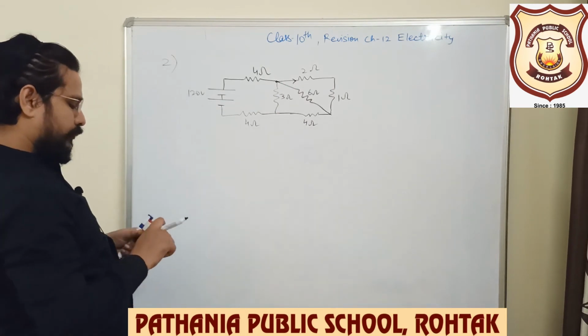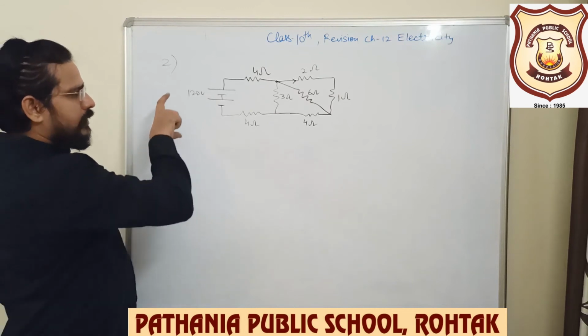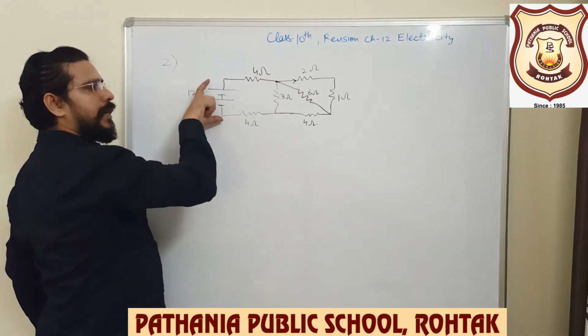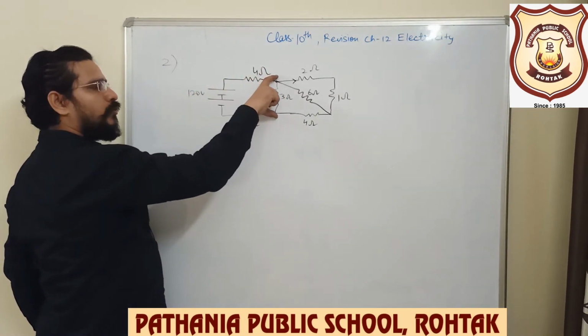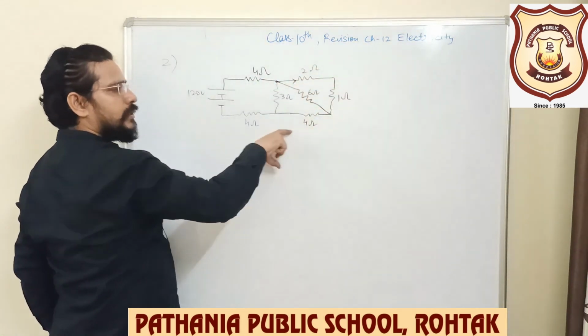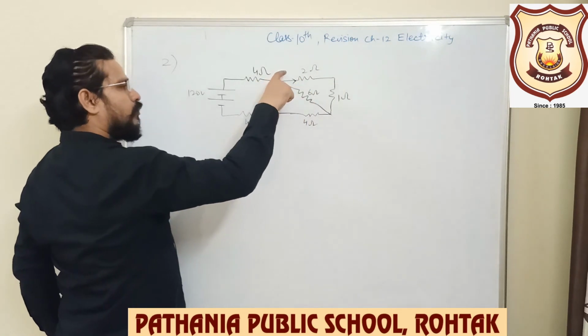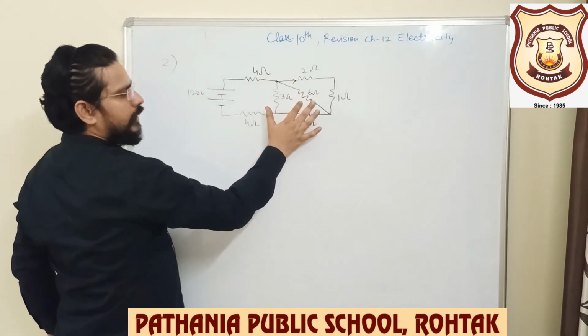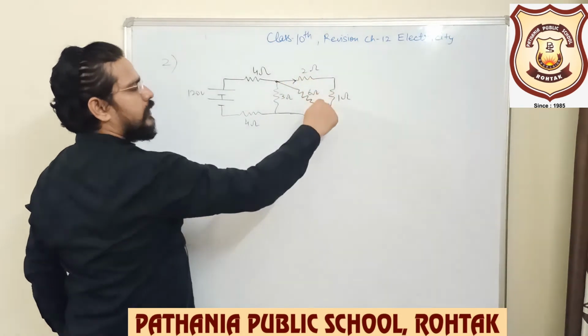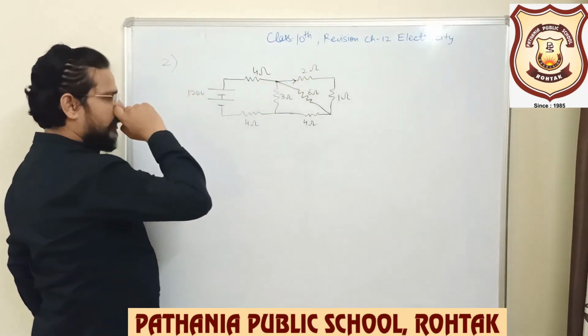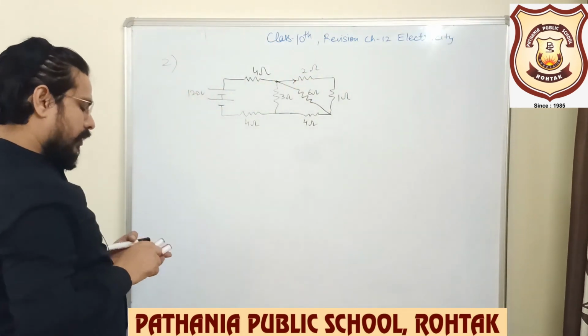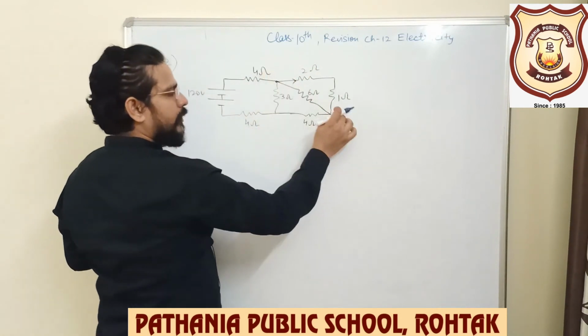Let me help you. As the resistance is being calculated from the battery side, these are your 2 points for looking into this circuit. If from these 2 points you look into this circuit, then if 6 ohm had not been there, all these 3 would be in series like the previous square, but that is not the case right now because we have a 6 ohm in between.